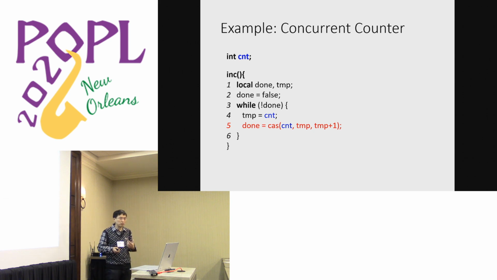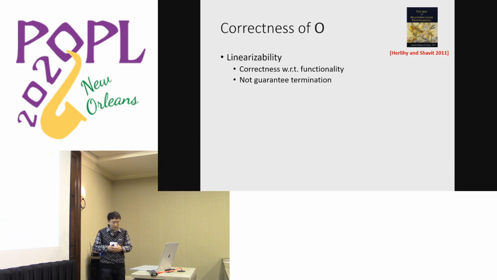It's like the hello world example for non-blocking algorithms. But the question is still, is it correct? And if we discuss correctness, how do we first formalize this? We probably know that linearizability has been one of the classic formulations of correctness of concurrent objects. It specifies the correctness in terms of functionality.